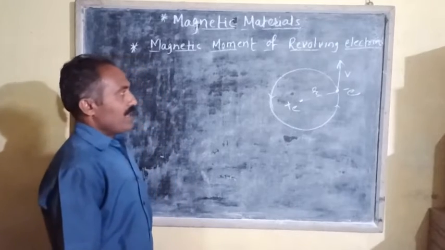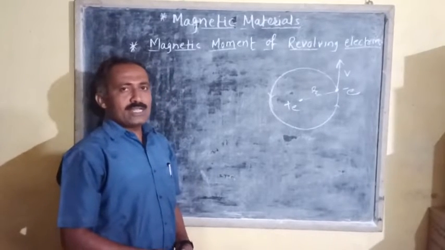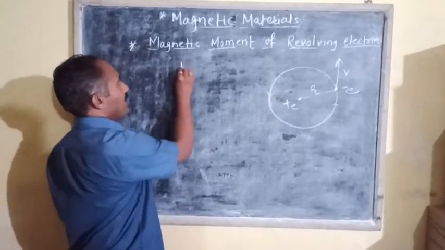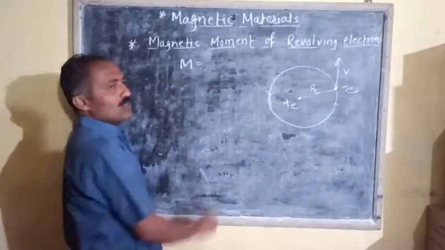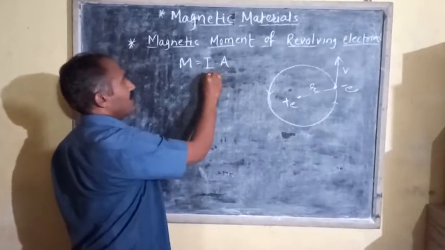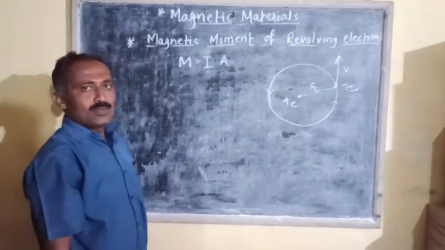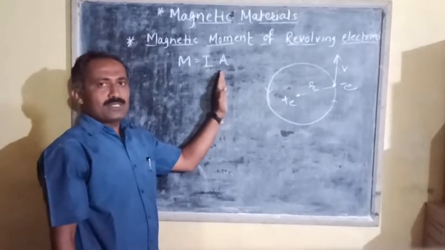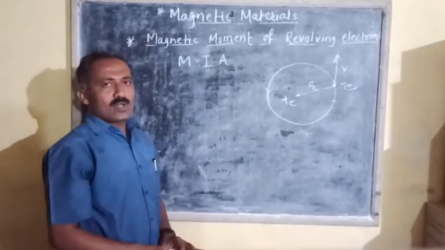We know that the magnetic moment associated with the electron is given by M equals I into A, where I is the current due to the revolving electron and A is the area of the circular orbit of the electron.